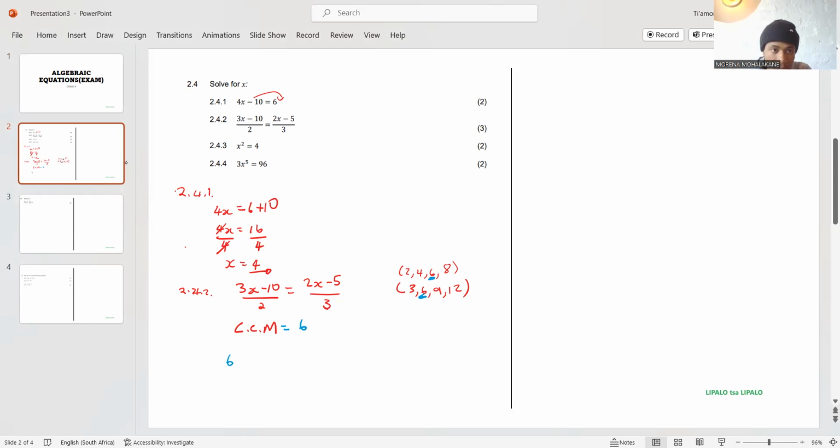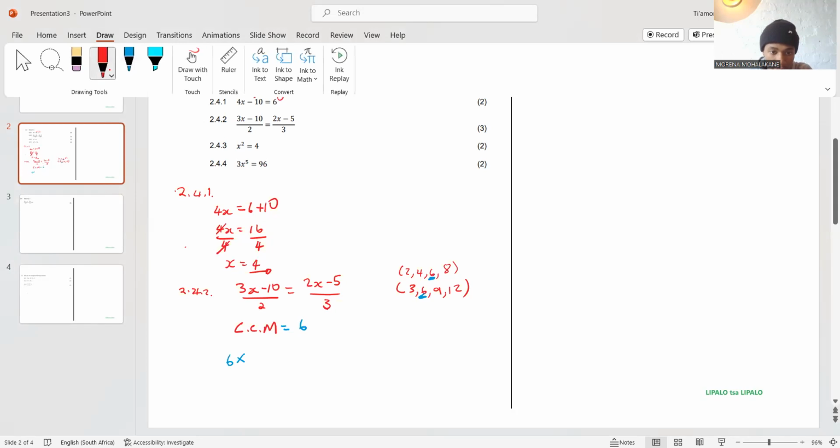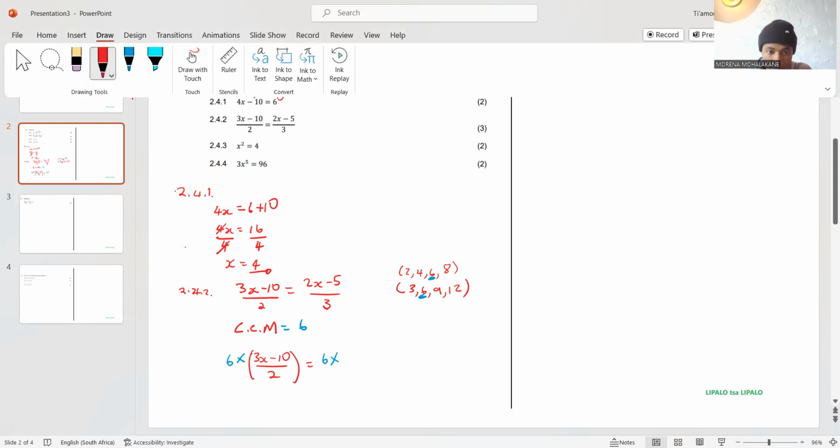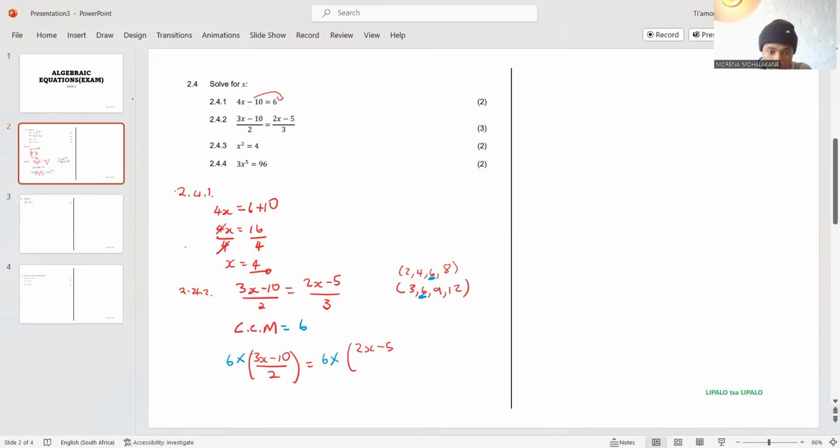So it's going to be 6 times 3x minus 10 all over 2 being equal to 6 times 2x minus 5 all over 3. Before I do this, remember, I'm going to start with dividing first. So 6 divided by this 2 gives me a 3.